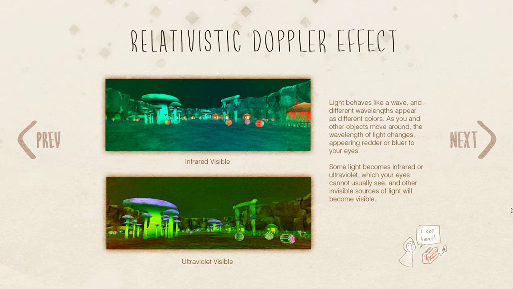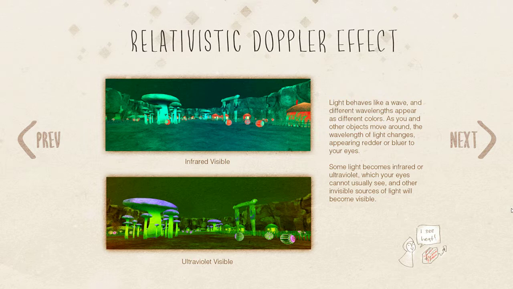Let's say that all of the plants and, they don't look like animals or people, but the things that were moving around, they're living things, and so they produce heat, and so that also means that they're going to produce infrared light, which humans normally can't see.